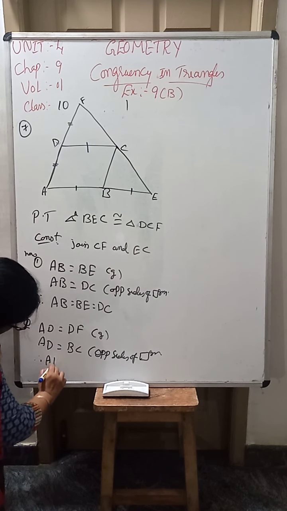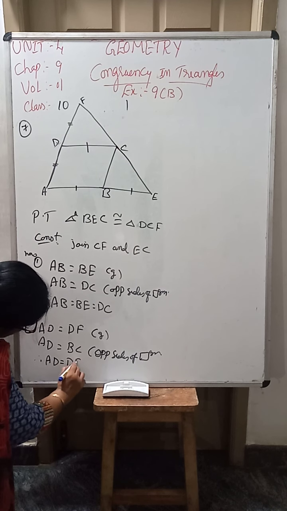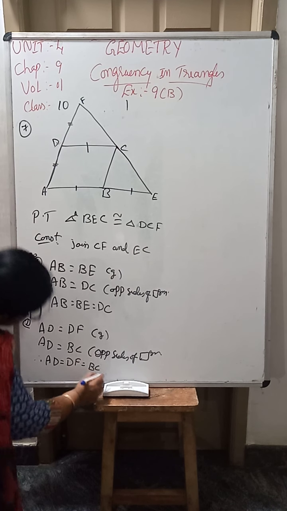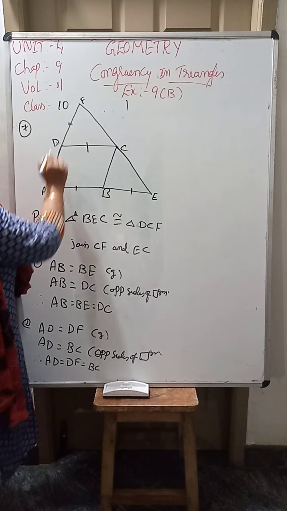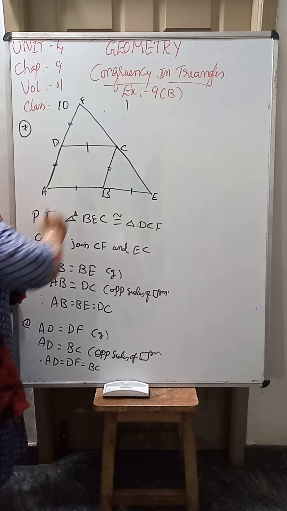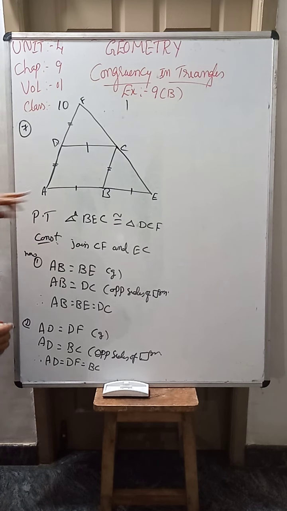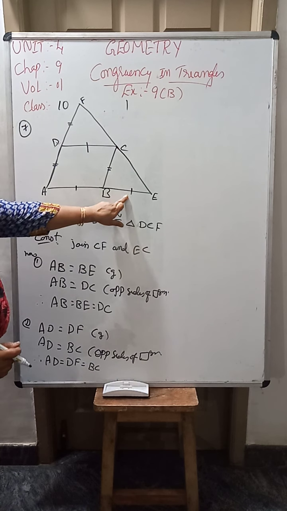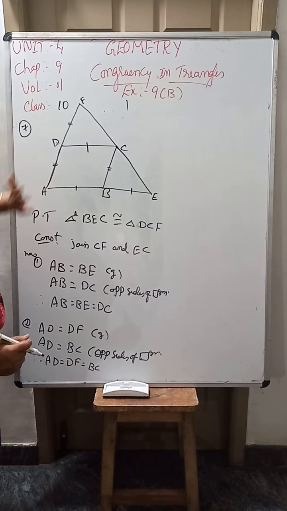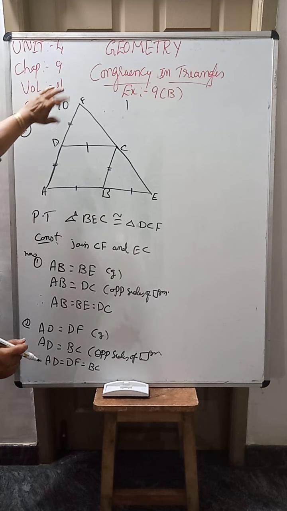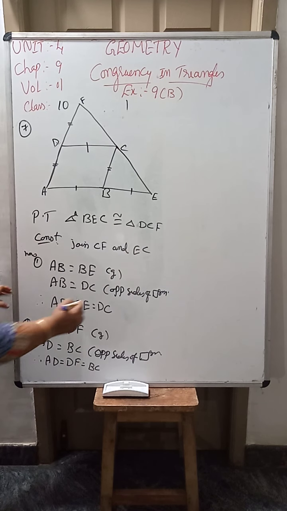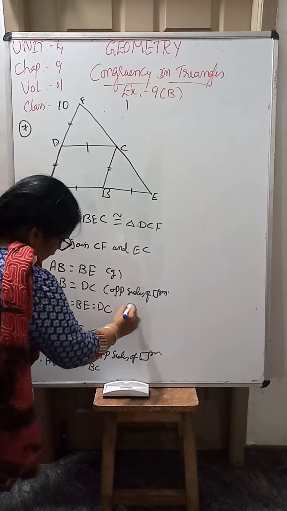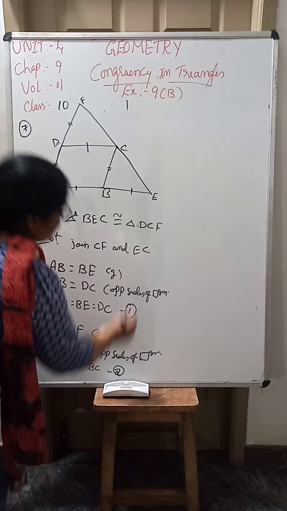Therefore, AD is equal to DF is equal to BC. Let me have this also with double line. So here AB is equal to BE is equal to DC, and AD is equal to DF is equal to BC. Let us call this as 1 and this as 2.